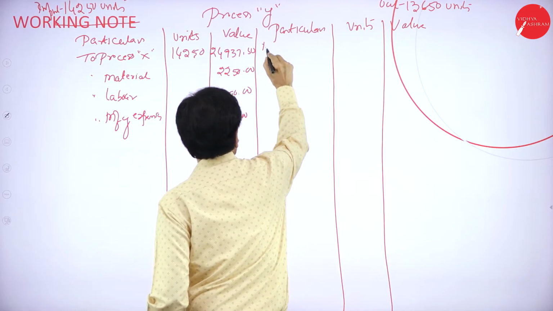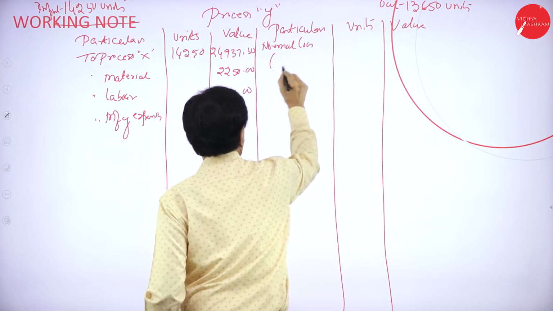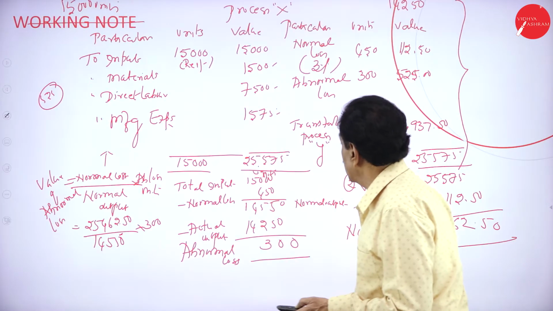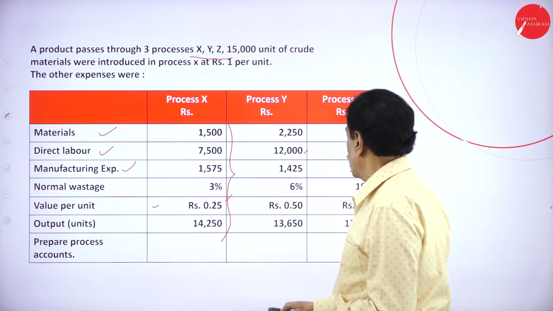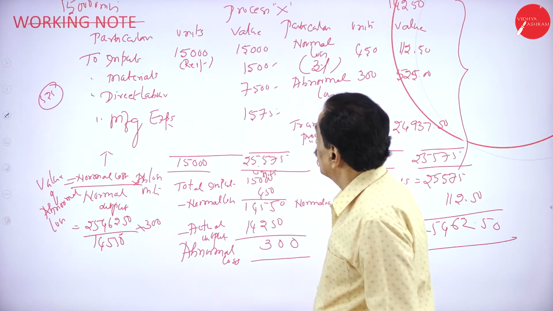Normal loss, normal wastage, I think it is 6% on the input. How much percentage? 6%, sold at 50 paisa. How many input units are there?